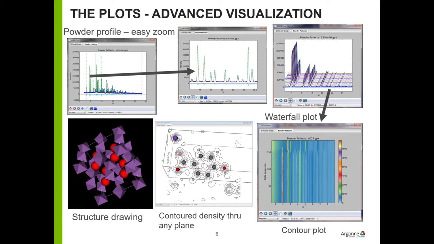And this contoured map will change as you tilt the structure or shift it. It will always draw the map centered on that cross, which is the viewpoint that you're looking at. And it's always going to be in that plane which is perpendicular to the viewing direction. So if you rotate the structure, the map will shift with it.